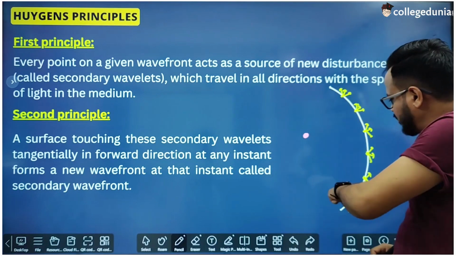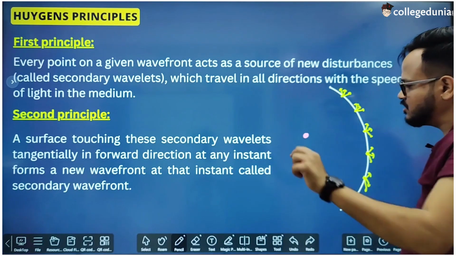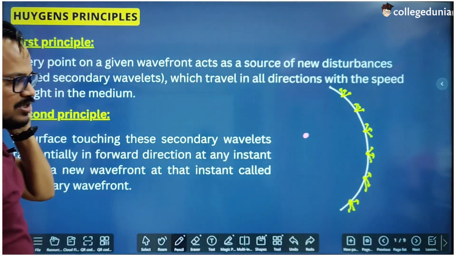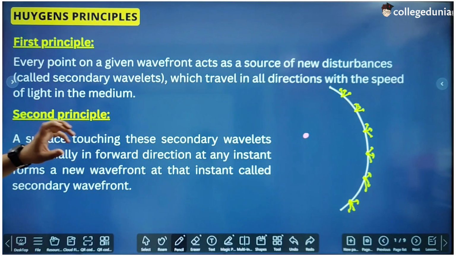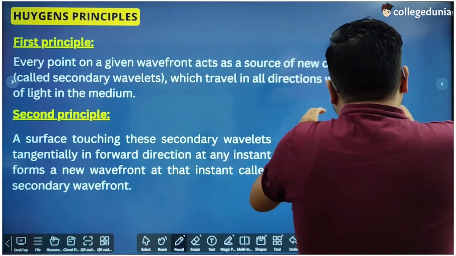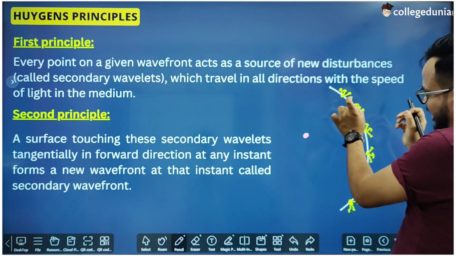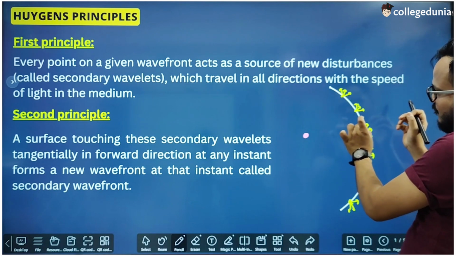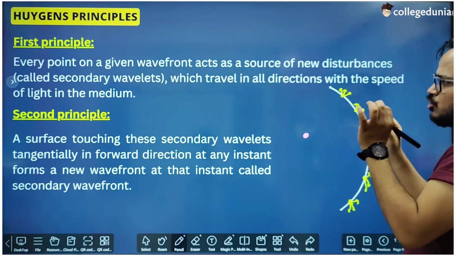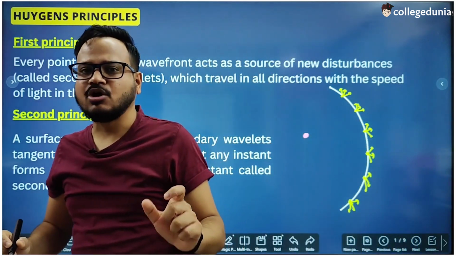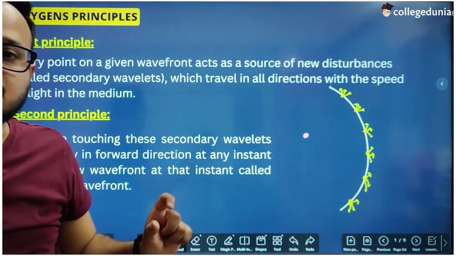And there will be more points between any two points, so we have taken just 4 or 5 points just to make you understand the concept, right? So these are the secondary wavelets which are traveling in all directions. So every point on a given wavefront acts as a source of new disturbances. For a wave, we can use the word disturbance because a wave is nothing but a disturbance in space.